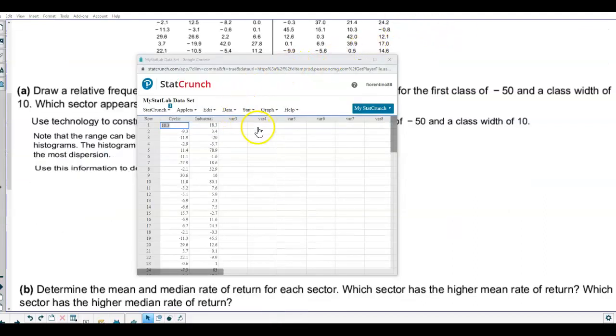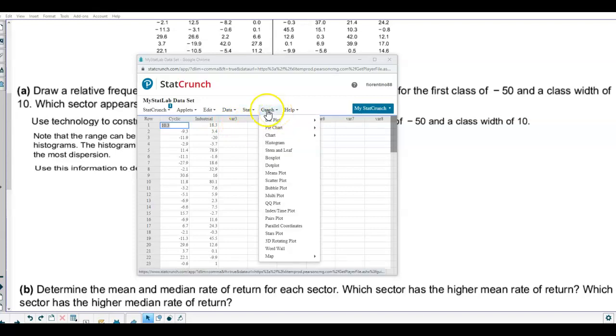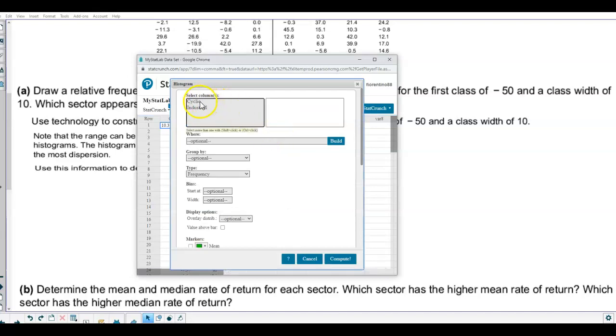So now that we have this data open in StatCrunch, we want to graph. We're going to select Graph, go down to Histogram, and start with the first one, which is cyclic. In this case we're looking for a relative frequency histogram, so we need to change the type to relative frequency.